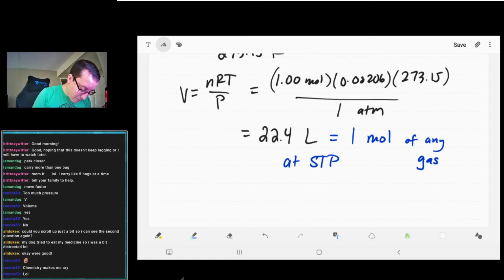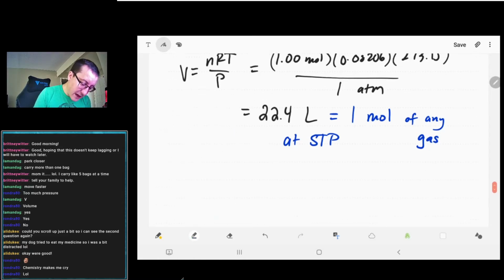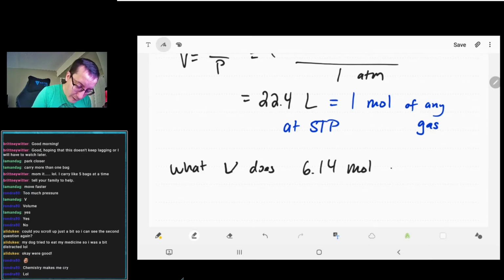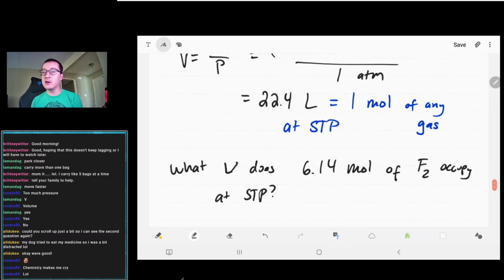And so, you might see something in the future like, what volume, that's a V, does 6.14 mole of fluorine gas occupy at STP. And while yes, you could totally use your ideal gas law for this, you would always get the right answer.